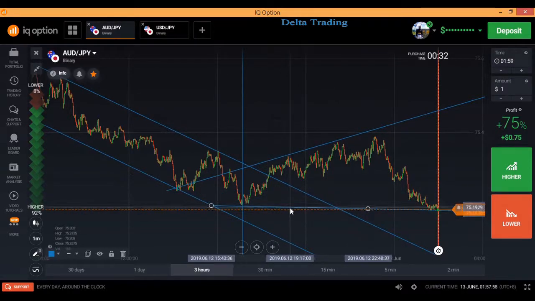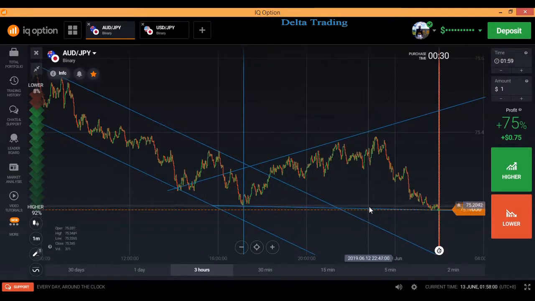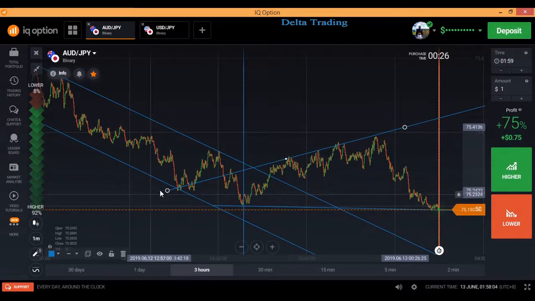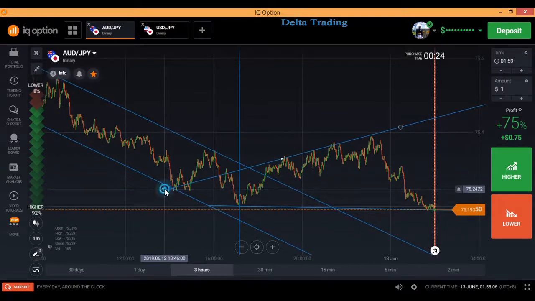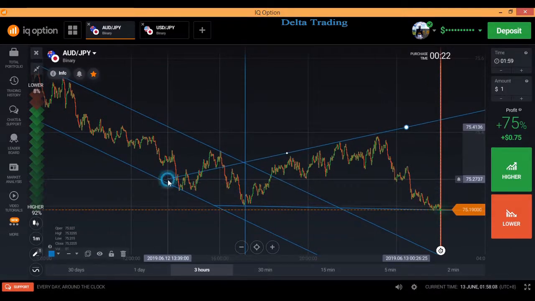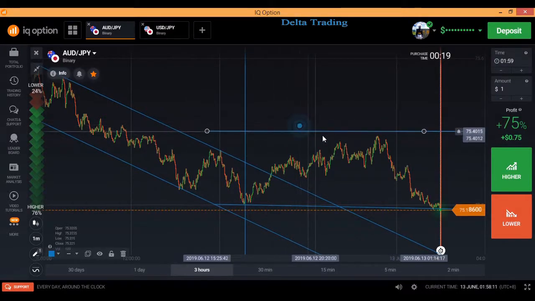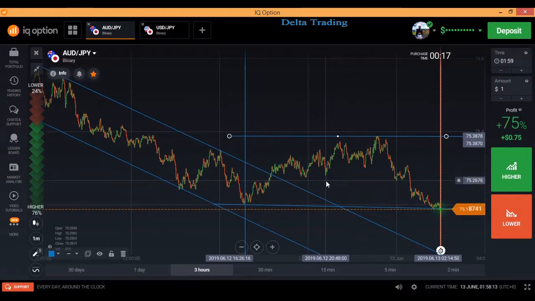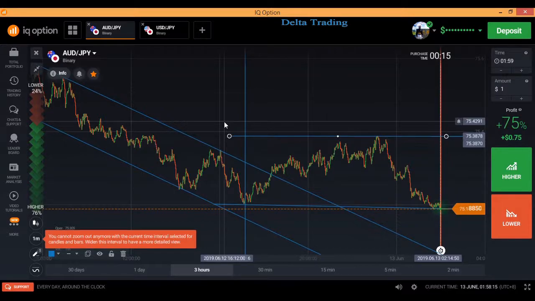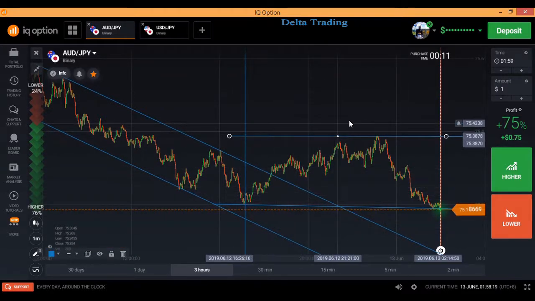We can draw like this, and for the other one we can draw like this, because it's ranging. It's a ranging market. As you can see from the previous, there is a downtrend, then it goes into a ranging market.